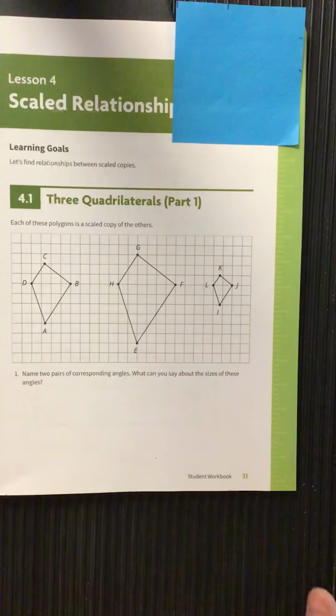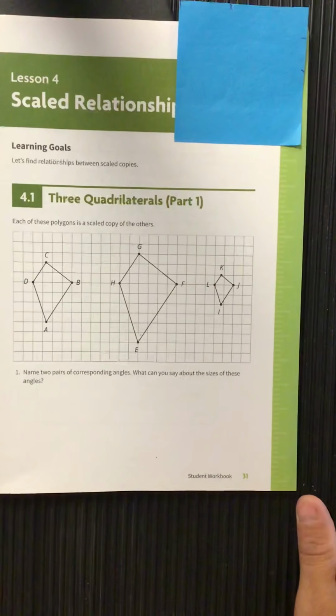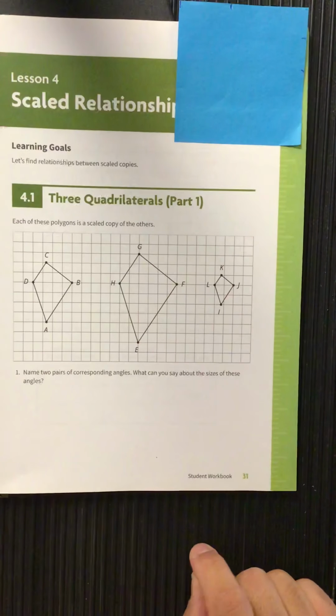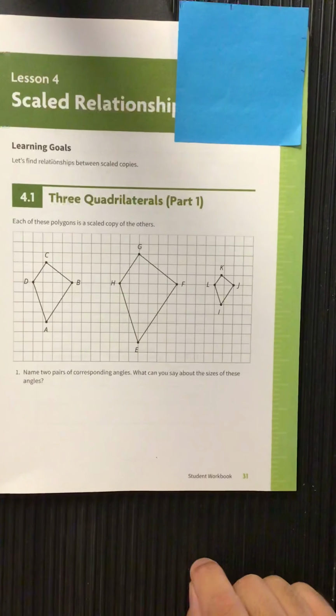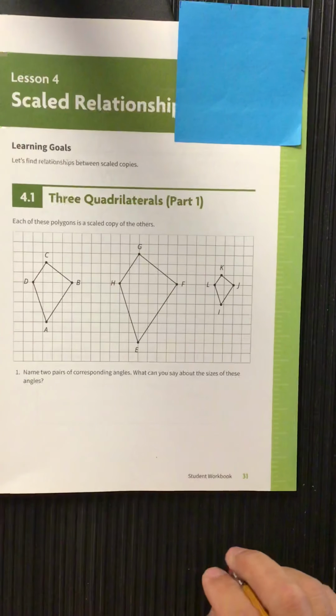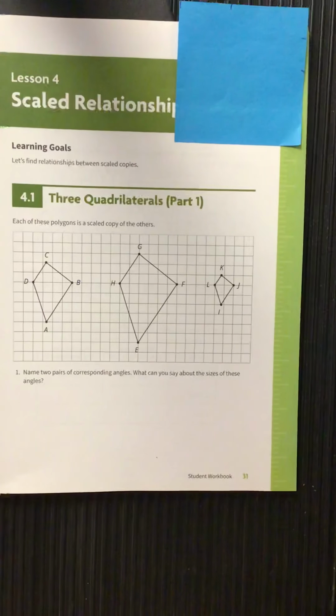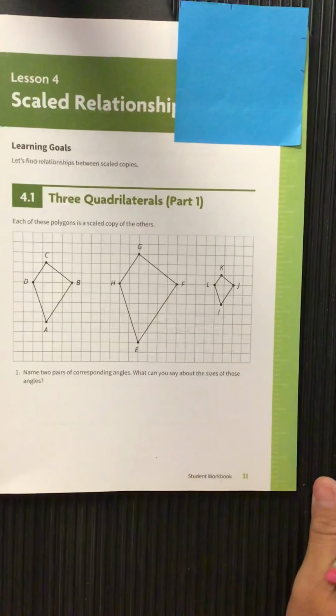Lesson 4, Scaled Relationships. You'll also notice that tomorrow and Thursday we'll be taking our NWEA or MAP test to see where you guys are at math ability wise. We have a little window to take that test.